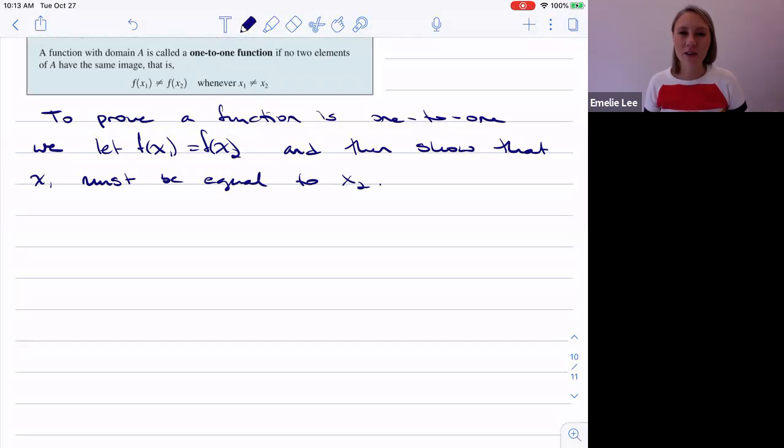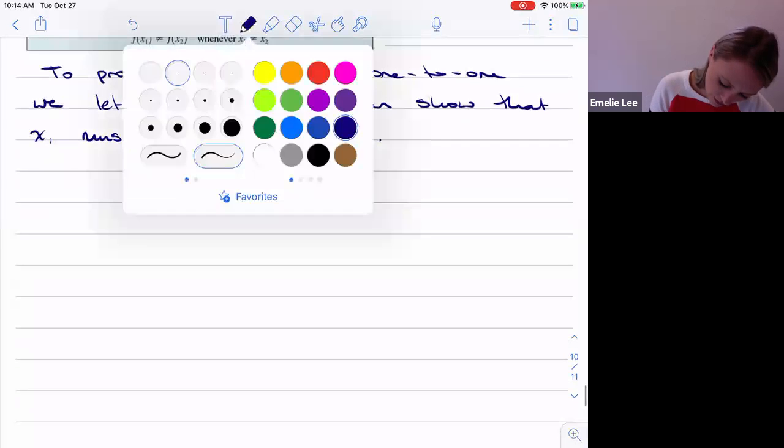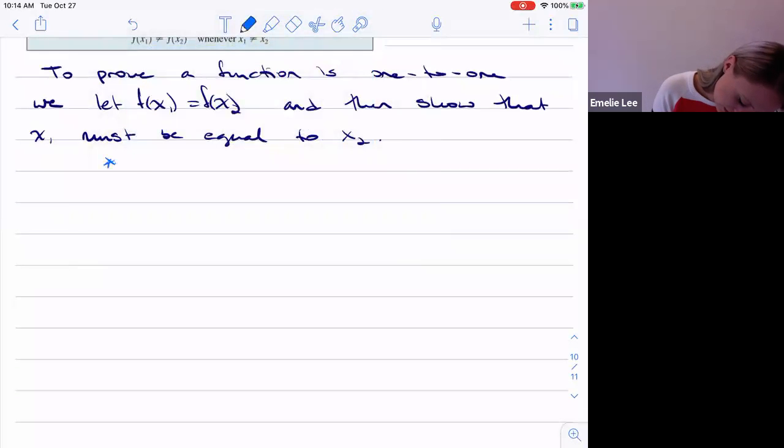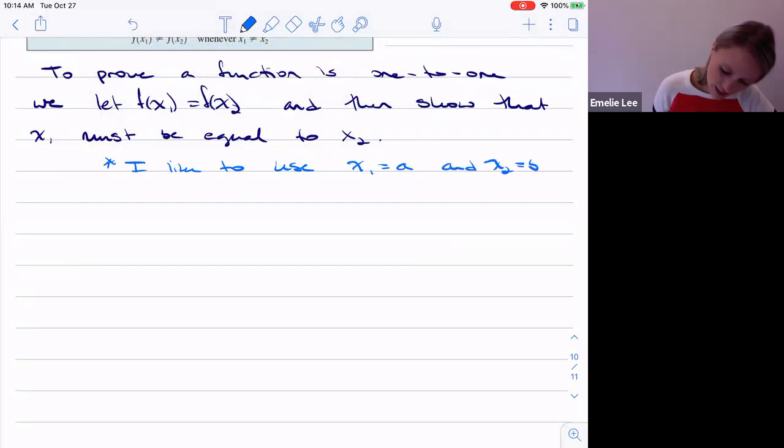Instead of x1 and x2, I like to use a and b, right? But I'll just make a note here. I like to use x1 equals a and x2 equals b.